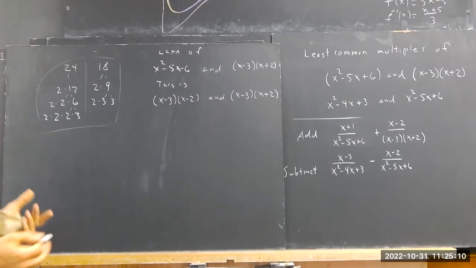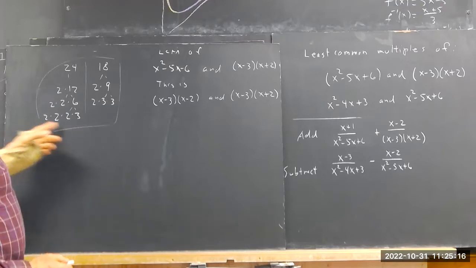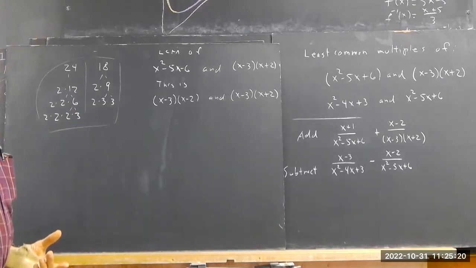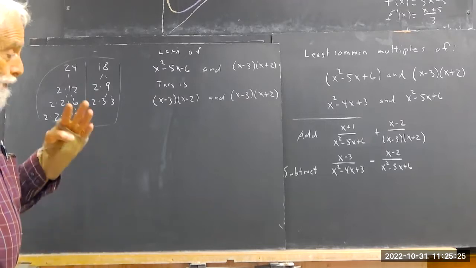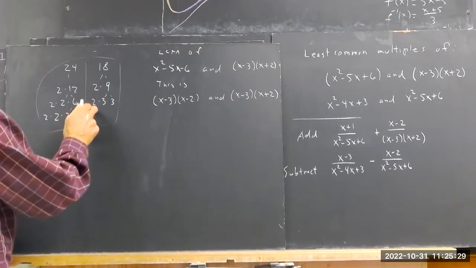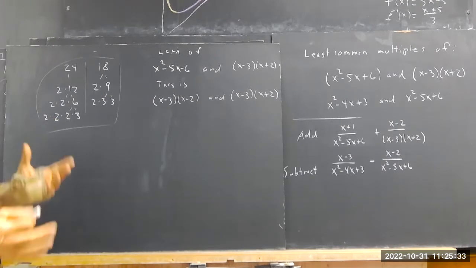How many 2s are we going to need? Just show me with your fingers. To contain this number and also to contain this number, how many 2s are we going to need? Okay, some people are not sure. 3 and 2. We need 3. If we've got three 2s, then we've got this one, and we've got these 3, right? We've got them both covered.